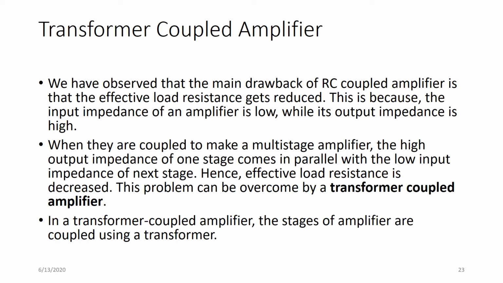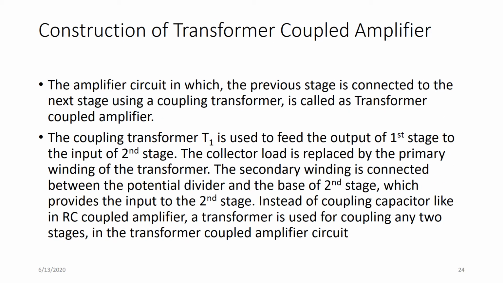In the transformer coupled amplifier, the stages of the amplifier are coupled using a transformer. So let us see the construction of a transformer coupled amplifier. The amplifier circuit in which the previous stage is connected to the next stage using a coupling transformer is called a transformer coupled amplifier. The coupling transformer T1 is used to feed the output of the first stage to the input of the second stage.